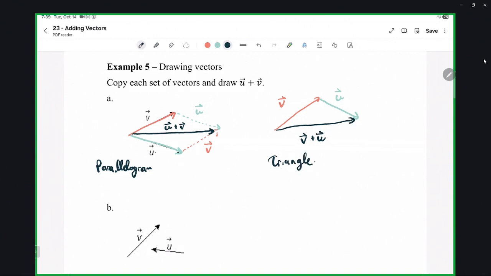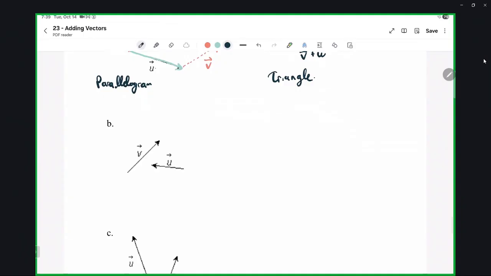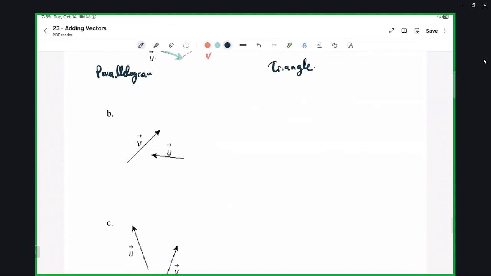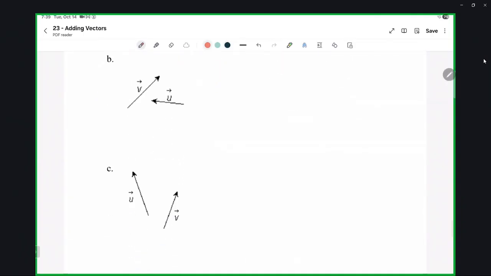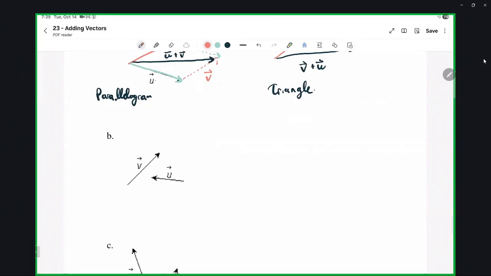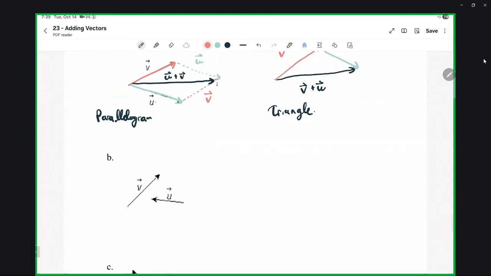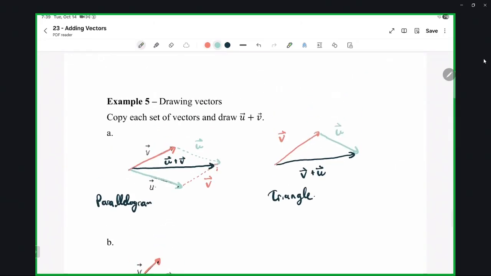For letter B, we have vectors v and u, and they're arranged like this. Let's sketch what these look like. For our purposes here, the triangle method looks like it'd be a bit less work, so we'll do that one. Here's vector v, here is vector u, and they want u plus v.